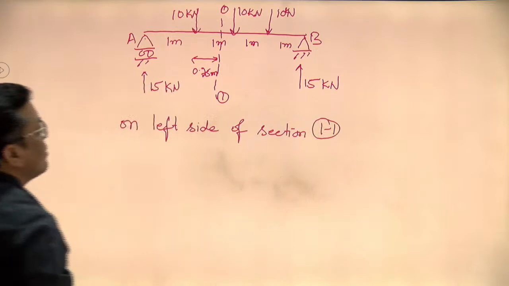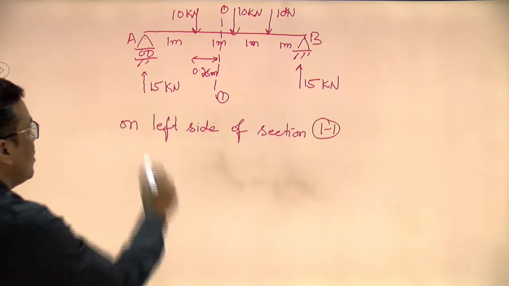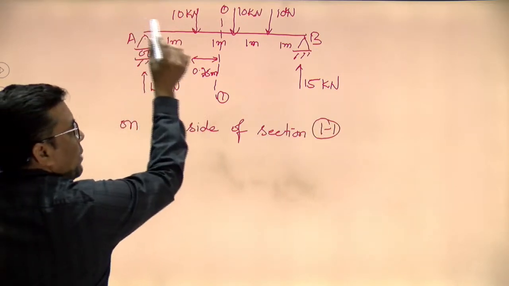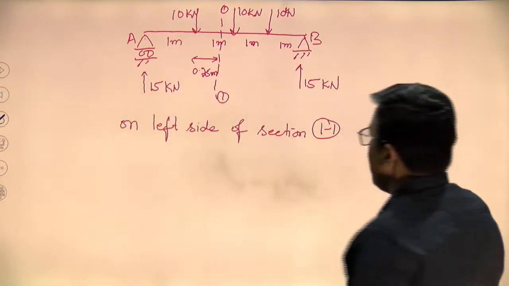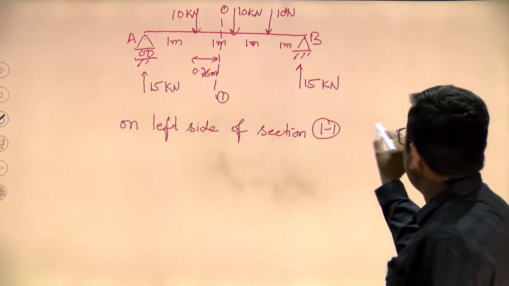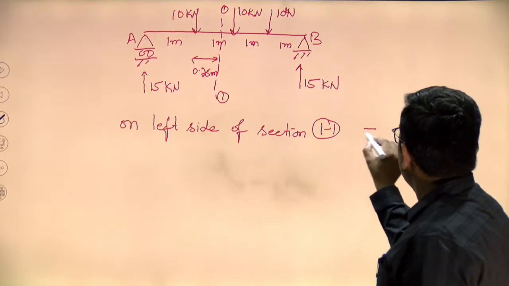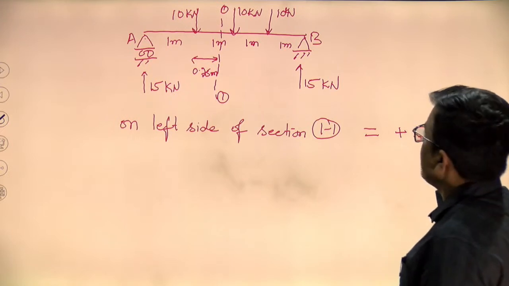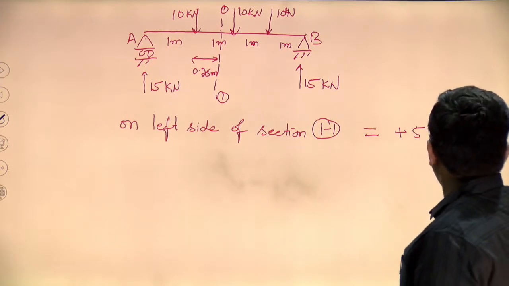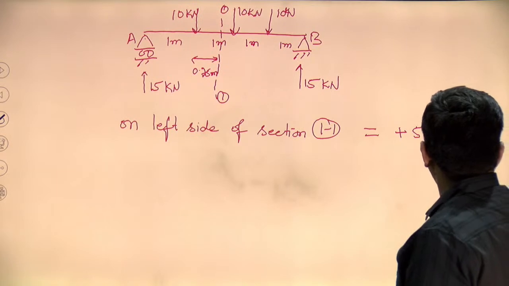What are the forces? Take the algebraic sum of all the forces. 15 upward, 10 downward. So what are we finding out? We are finding out it is plus 5 kilonewton, which is upward.